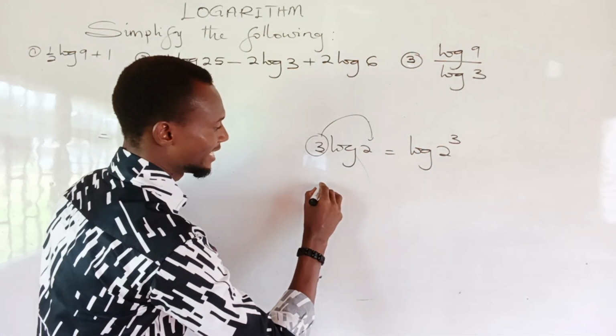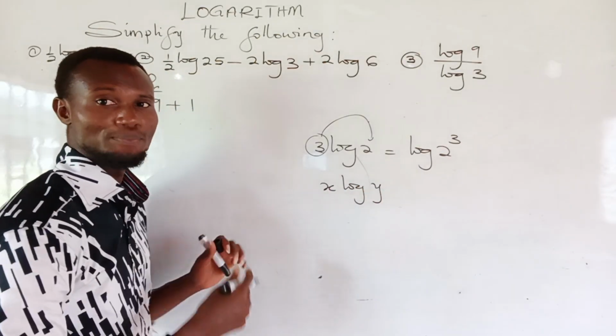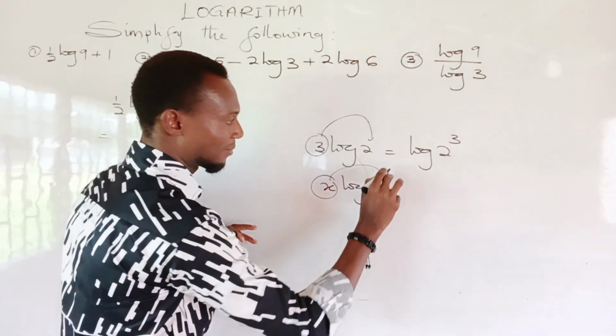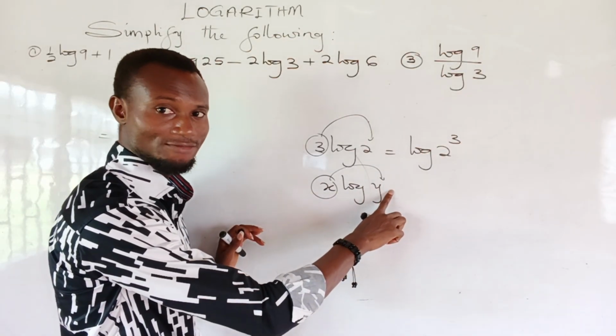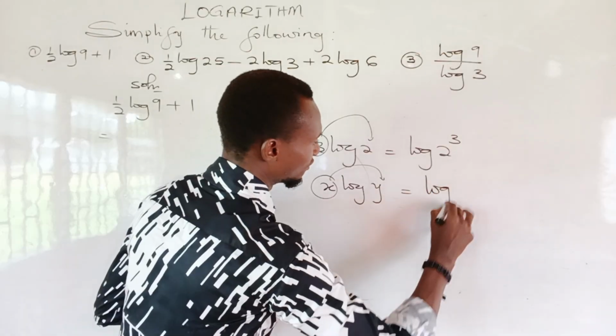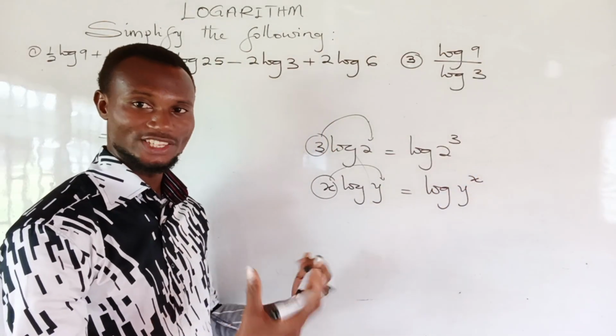If I have, let's say, s log y, the power rule says that the coefficient here will come and become a power to the variable here, which is the y. So I'm going to have log y to the power s. That's the power rule that we learned.